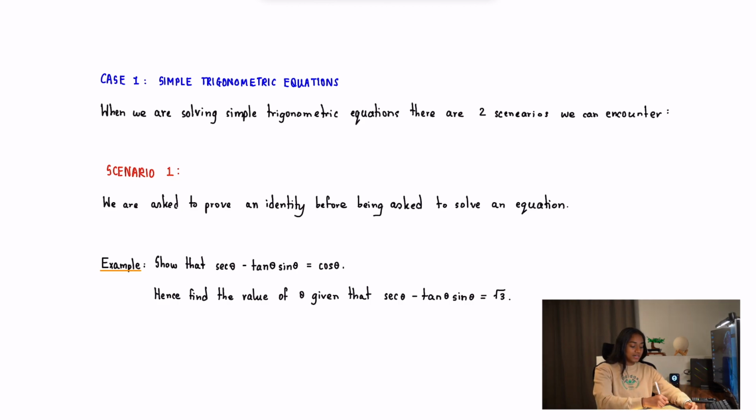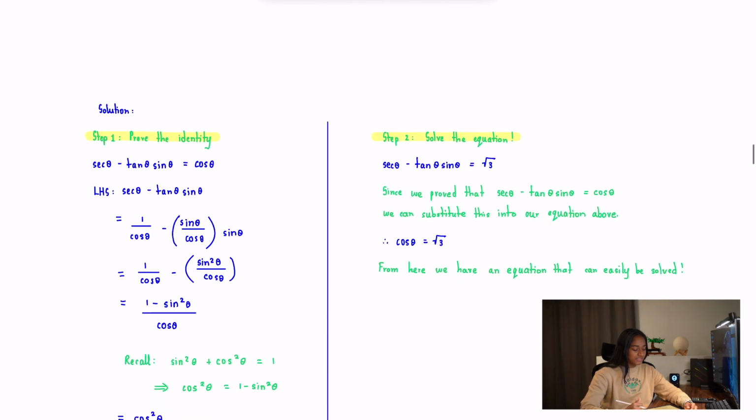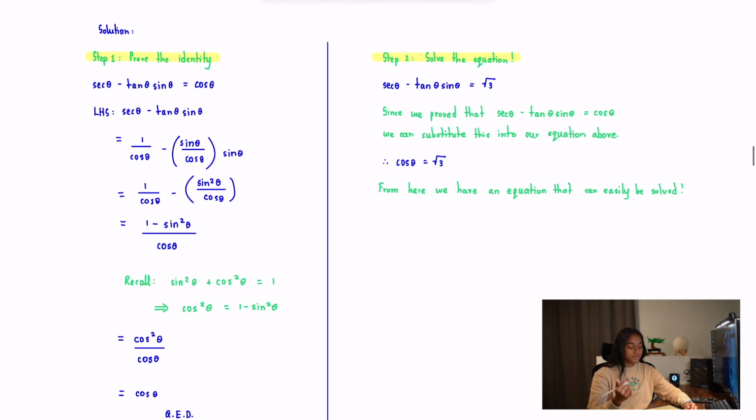In part 2, they're asking us to solve this equation. Notice that since this here is equal to cos theta, we can just say that cos theta is equal to the square root of 3. So for the solution, in the first part we actually prove the identity.